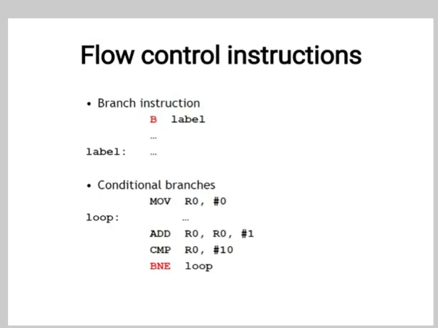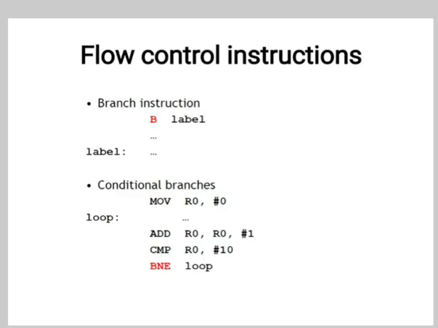The branch is associated with a condition and it is executed only when the condition code has the correct value.